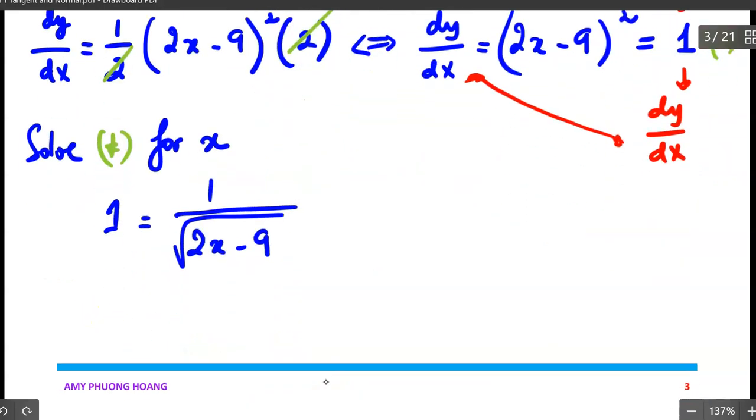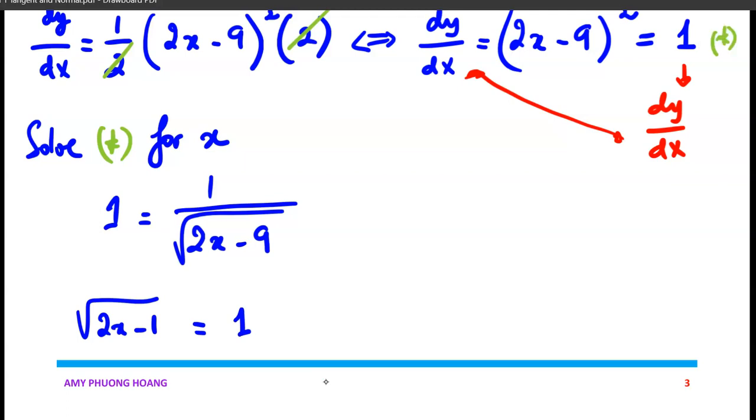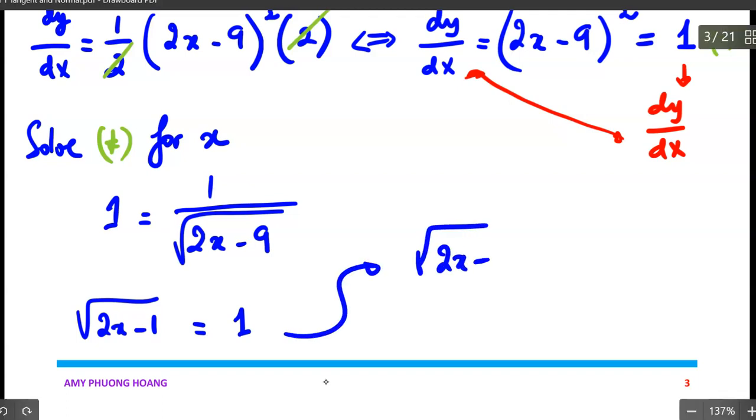Okay, so to solve for x, I will multiply this over to this side, equal to 1. And I have to square both sides in order to get rid of the square root. So I put the square root of 2x minus 9 here and square it, and I will have 1 squared as well.